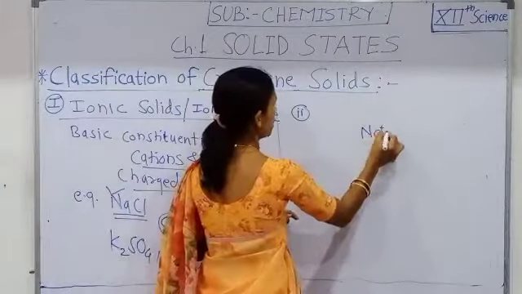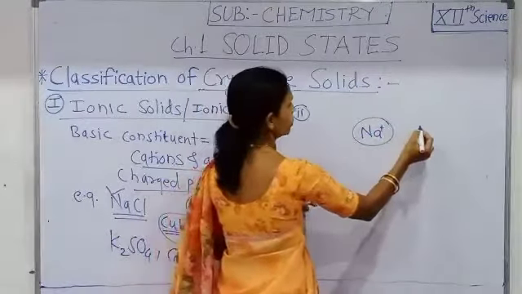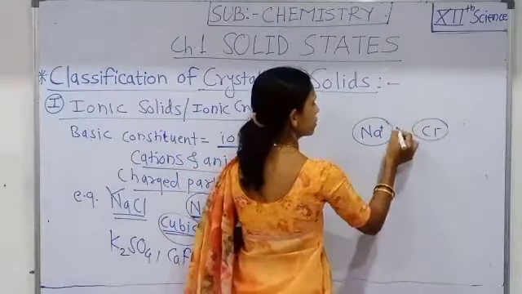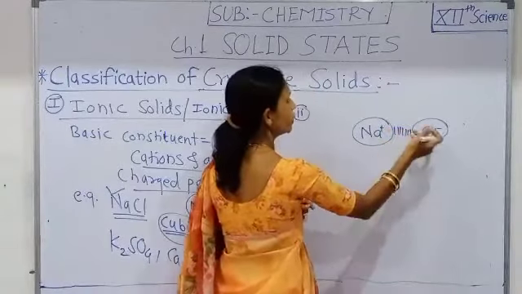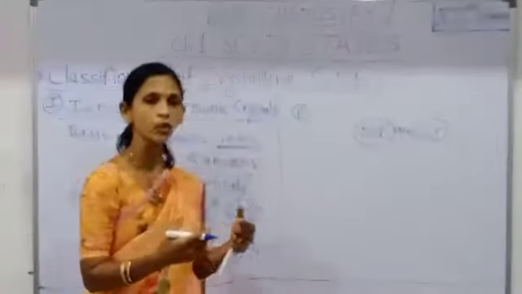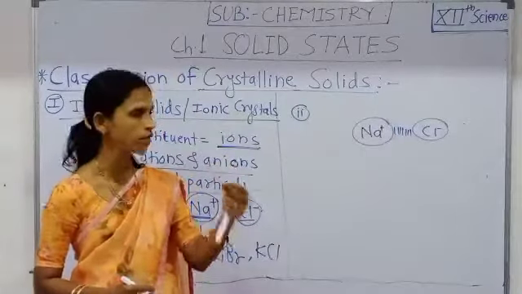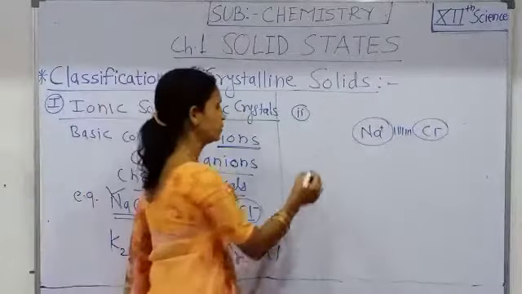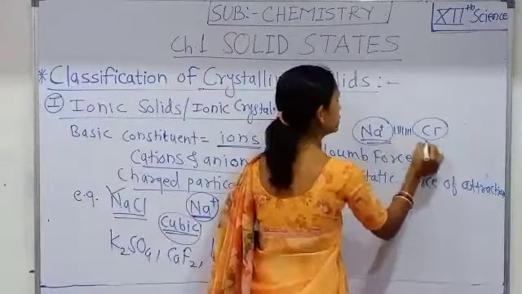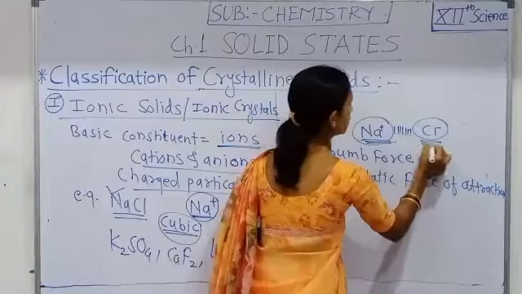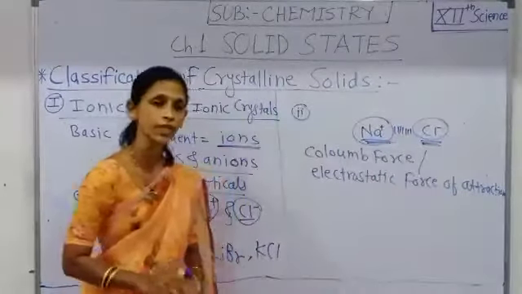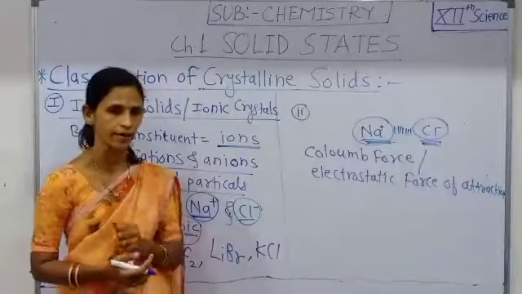That means Na+ is bonded with Cl- by Coulomb force, that is, the electrostatic force of attraction between oppositely charged ions, cation and anion.